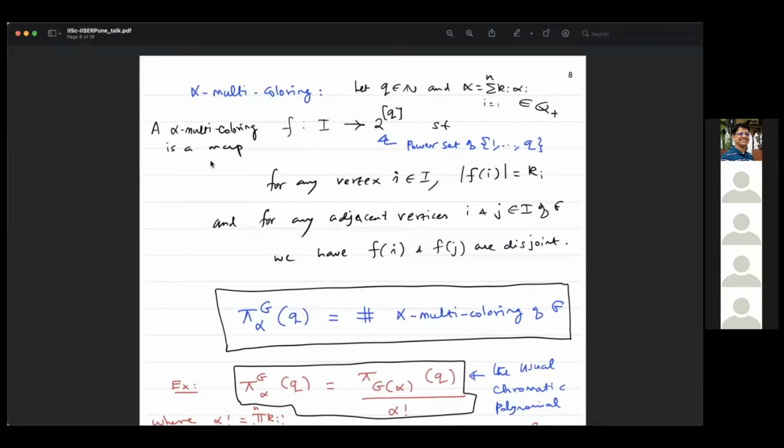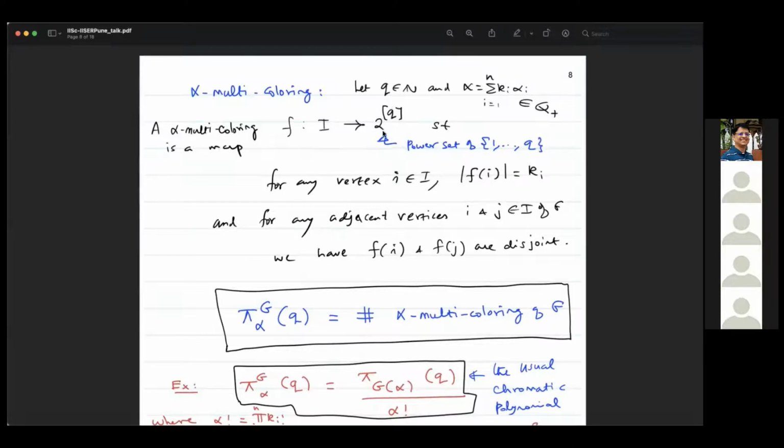So what is alpha-multicoloring? If you fix some q in N and look at this alpha, which is the tuple of k_i, then in an alpha-multicoloring, for each vertex you assign multiple colors instead of one color. The multiple colors come from the given colors 1 to q.